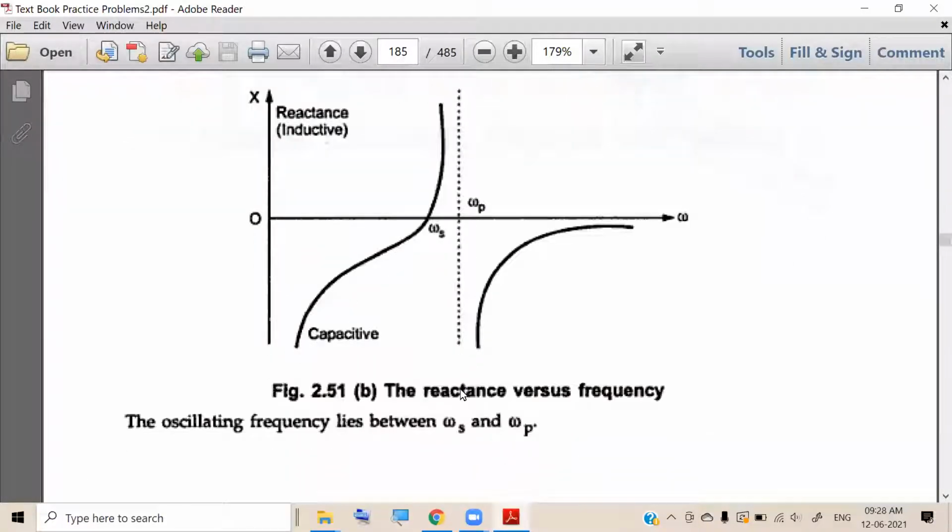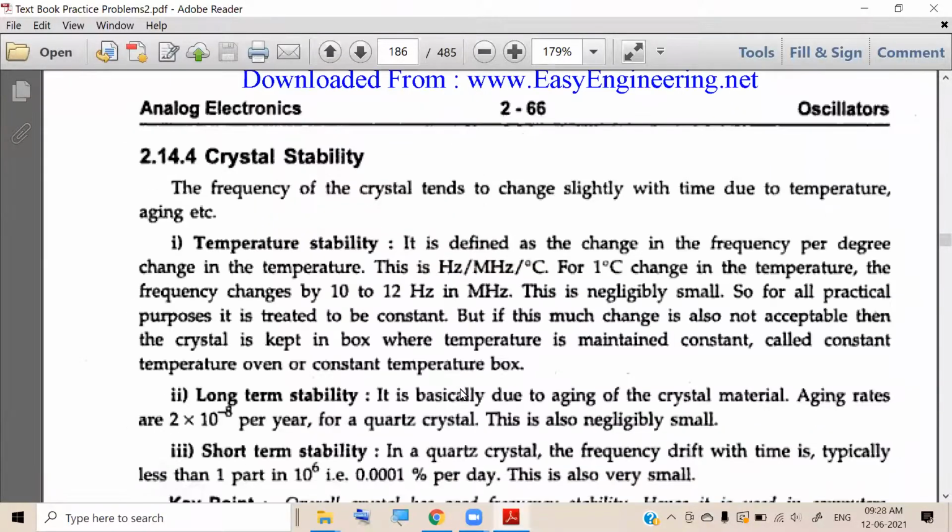Next, what we will consider is the crystal stability. The important advantage of the crystal oscillators compared to other oscillators is that the frequency stability is higher. What do we mean by frequency stability?